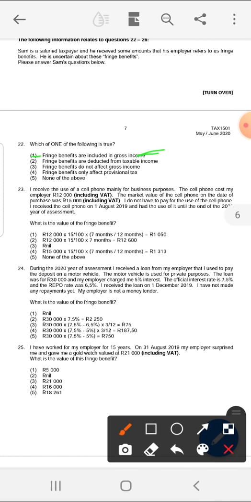And remember, this person used this asset for 7 months, so we need to apportion it to the months that this person used this asset. So the correct answer will be option 1, since we say 12,000 multiplied by 15% multiplied by 7 over 12. It will give us 1,050. So our correct answer will be option 1.